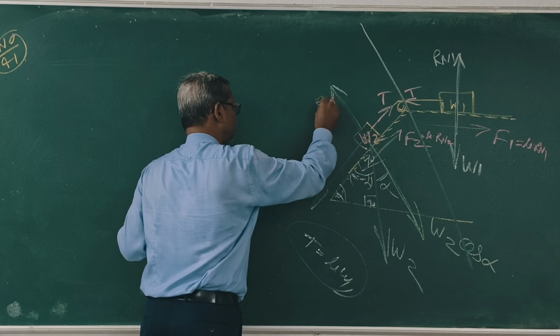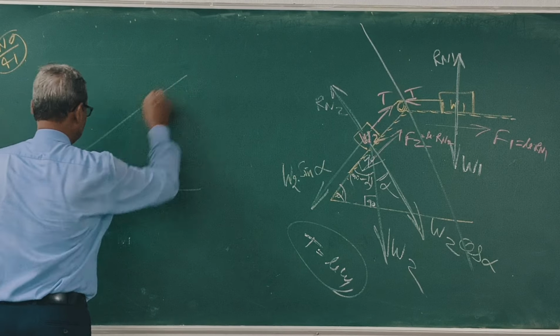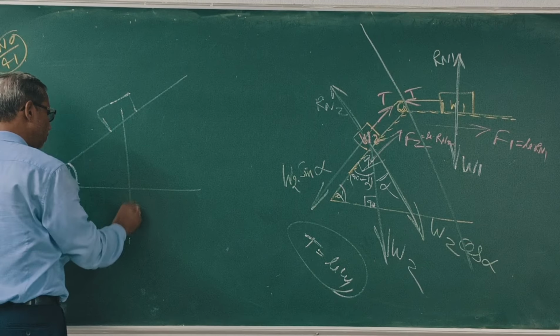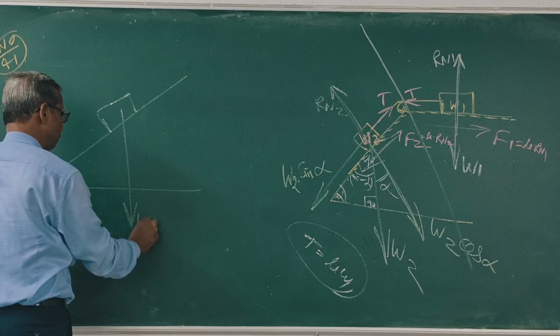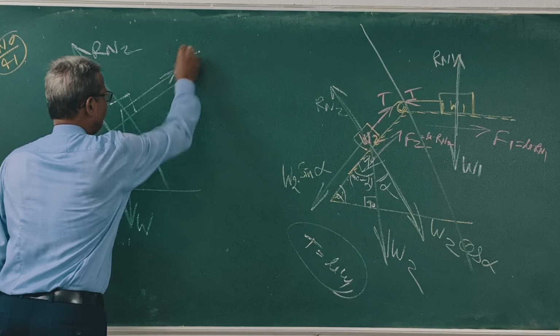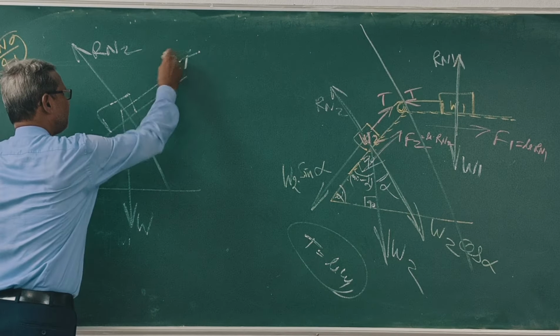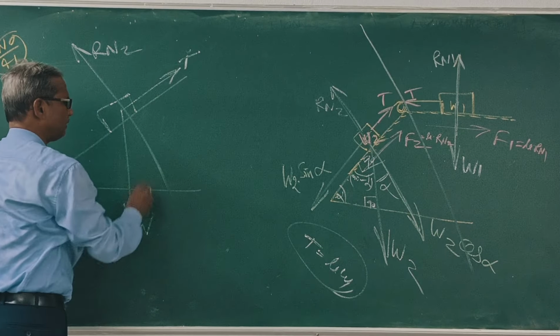For block 2, this is block 2, alpha, W2, Rn2. Clear? This is T. Clear? This is F2. What is F2 equal to? Mu Rn2. This is the surface.